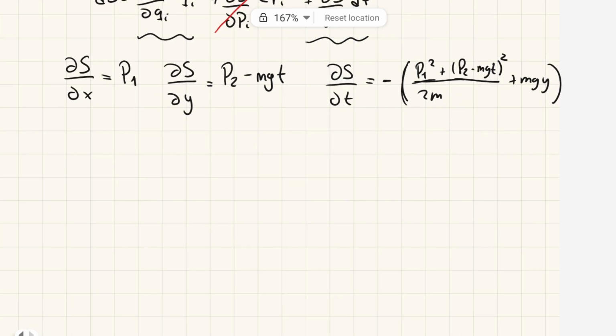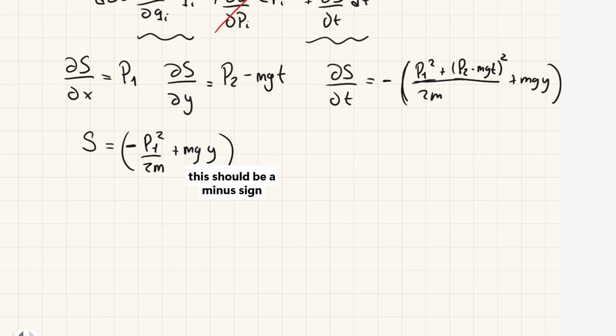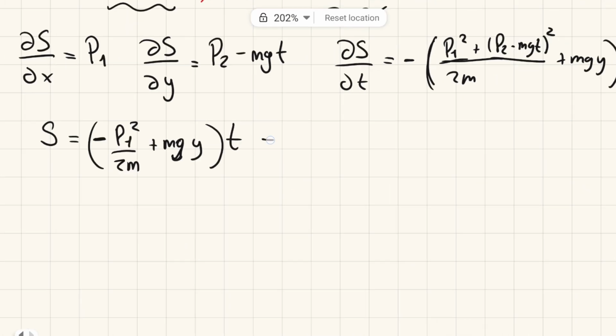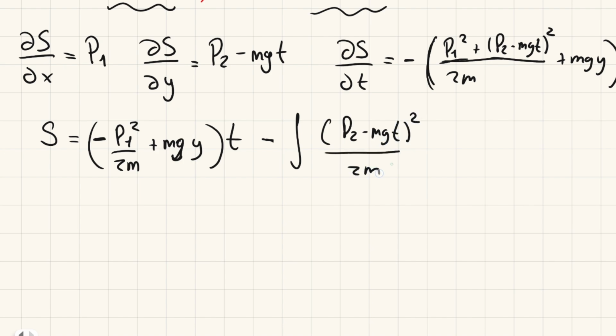So we are going to have that S can be seen as minus p1 squared divided by 2m plus mgy times t, taking the integral with respect to time of that, and then minus the integral of p2 minus mgt squared divided by 2m with respect to time, and then plus some functions of x and y, right?